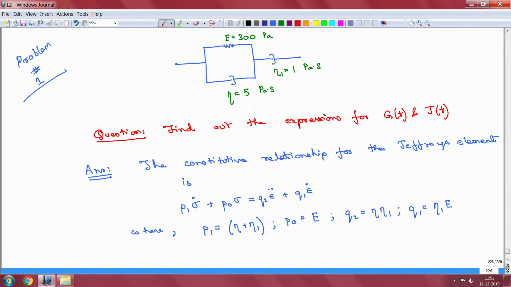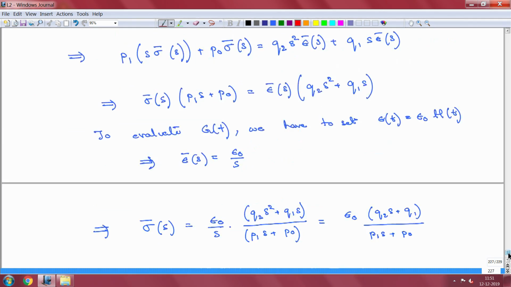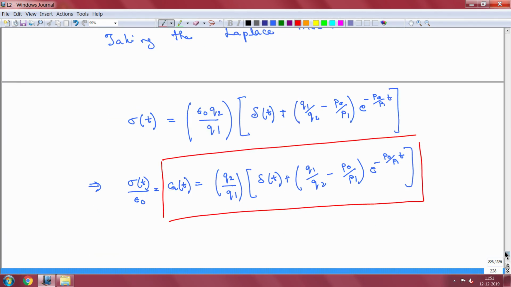Now, for that, let us just quickly go back to the Jeffreys element. Now, this is going to act like a fluid element, right. Because we have discussed this part already when we were discussing Jeffreys fluid, that this should essentially be representing the constitutive equation for a viscoelastic fluid. So, we expect a fluid like behavior. So, we also expect the stress relaxation function to behave as if the material is a viscoelastic fluid. What happens in a viscoelastic fluid?